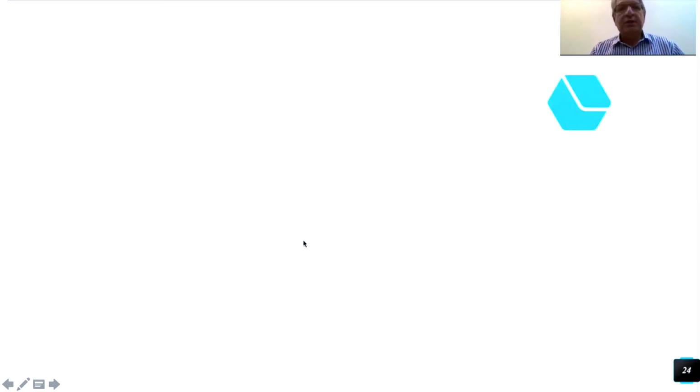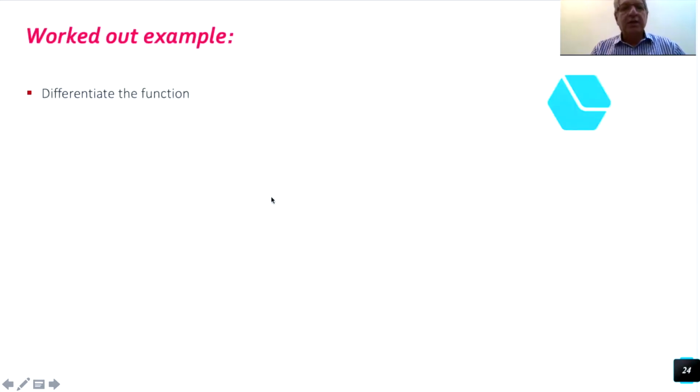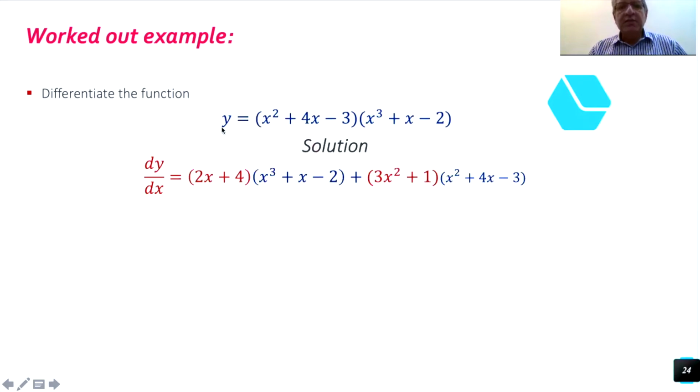Now let's see the examples we have here. Differentiate the function. Suppose the function is y equal to this bracket times this bracket. It's very simple. dy by dx is equal to differentiate this one, which is 2x plus 4, and then multiply by this itself, which comes here exactly the same: x cubed plus x minus 2.